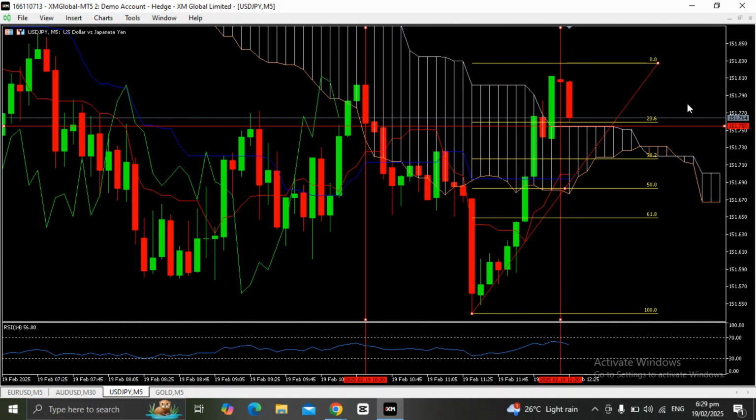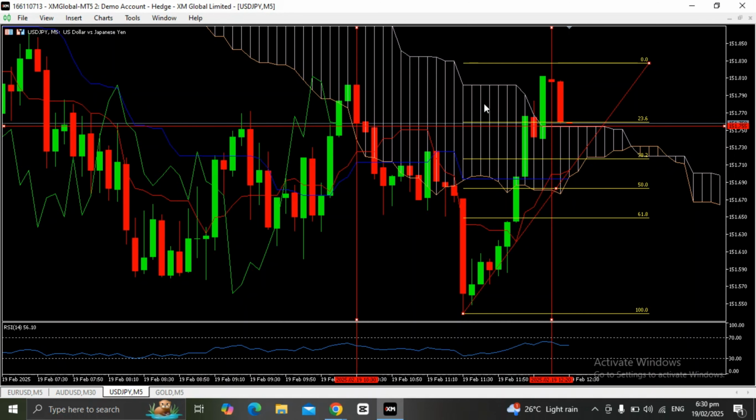We base our educational guess on the Fibonacci retracement level, which is 23.6 as shown here, and also the Kumo or the cloud from Ichimoku. Okay, so those are two lines of defense.